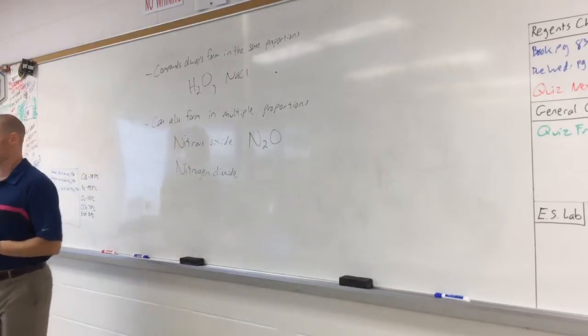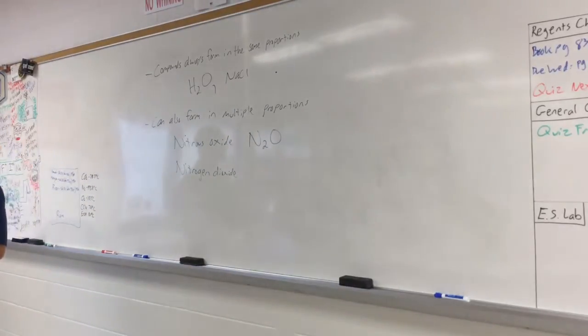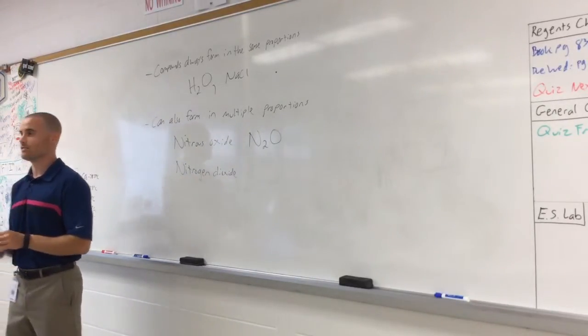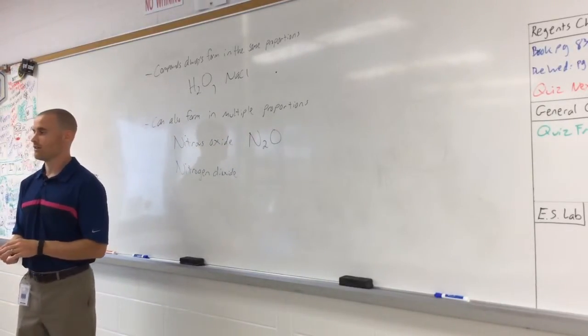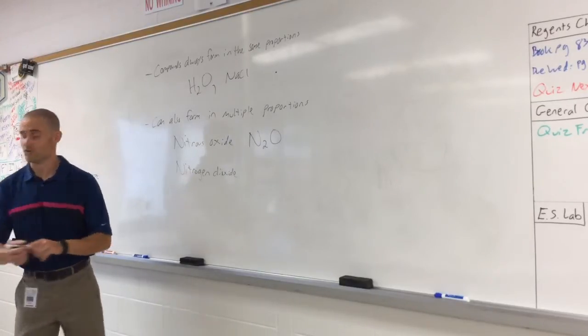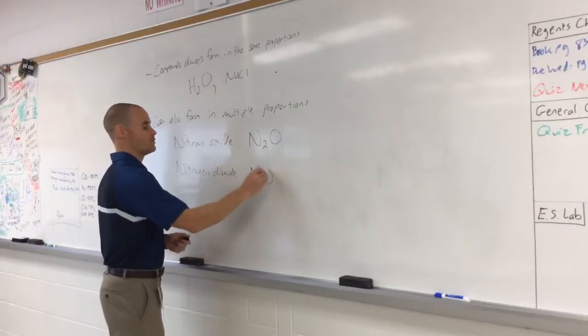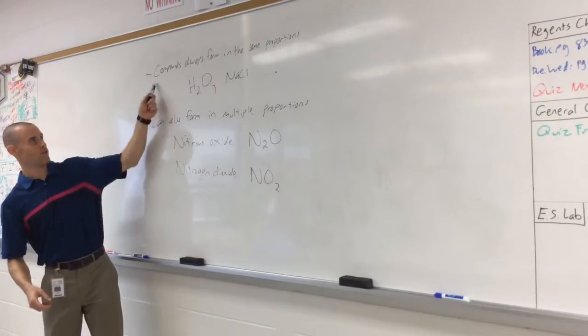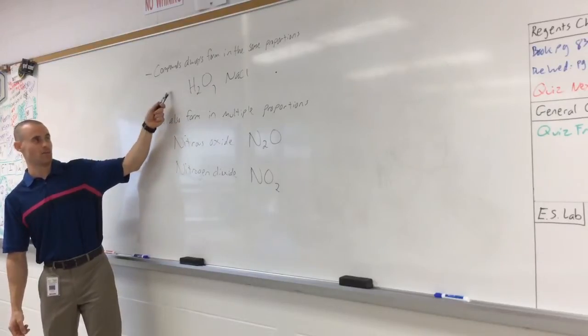Now, use your brain. What's the formula for nitrogen dioxide? You know what carbon dioxide is. What's the formula? CO2, so this is, like Zach said, NO2. Here's what I'm showing you. The first thing I wrote, the first bullet, is 100% true.